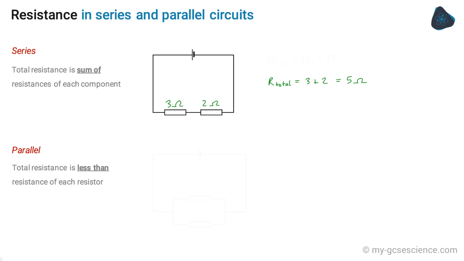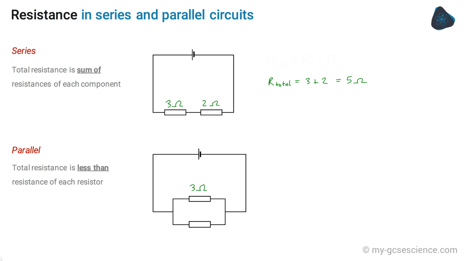So have a look at this parallel circuit. As you can see, we have the cell and 2 resistors in parallel with it. Let's say for the sake of argument here that we're using the same resistors as above. So that is 3 ohms and the bottom one has a resistance of 2 ohms. The question I want you to think about is which of these two circuits has the higher resistance?